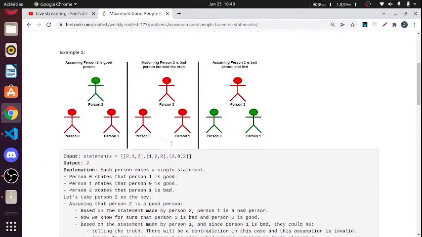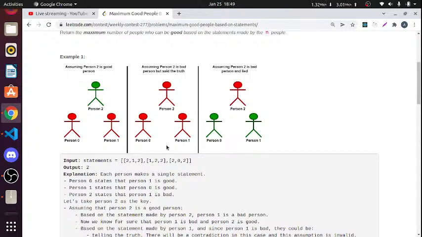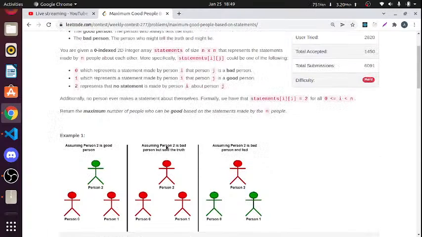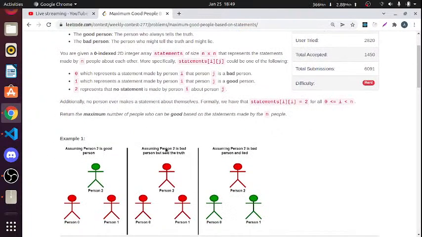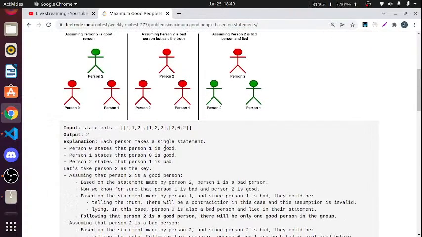So if I found that person 3 has made no statement by person 2, but he had made the statement that person 1 is a good person.